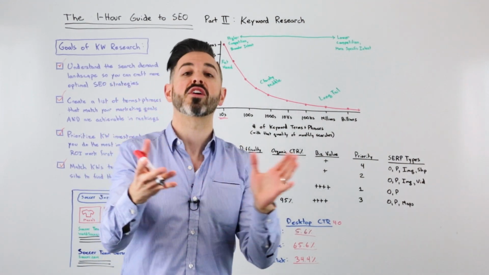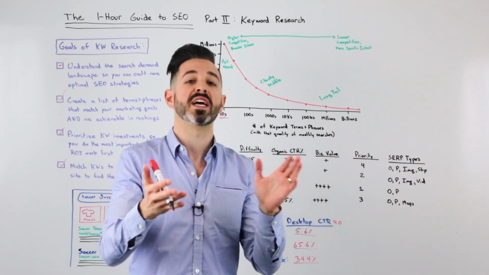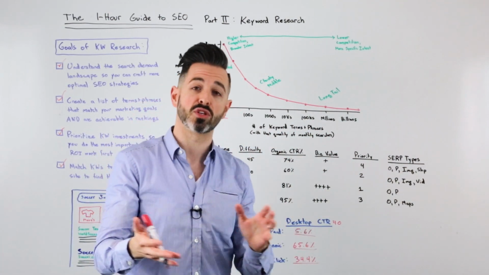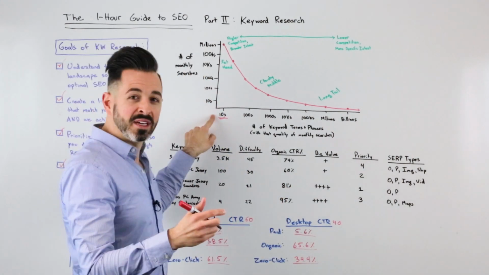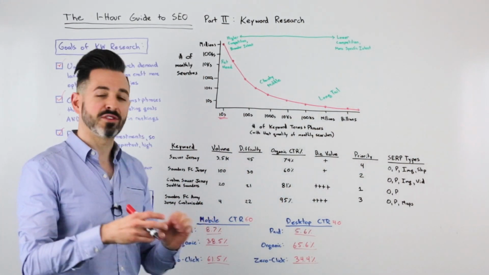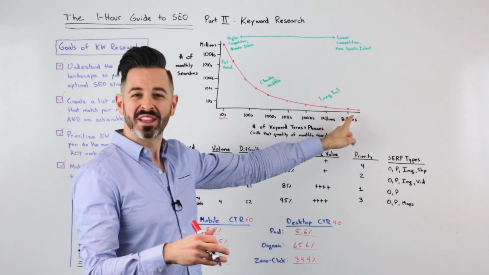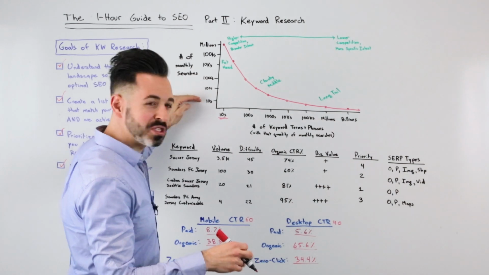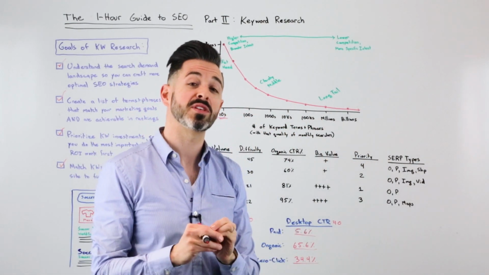Something like soccer or Seattle Sounders, right? Those have tens, hundreds of thousands, even millions of searches every month in the United States. But people searching for Sounders FC away jersey customizable, there are very, very few searches per month, but there are millions, even billions of keywords like this.